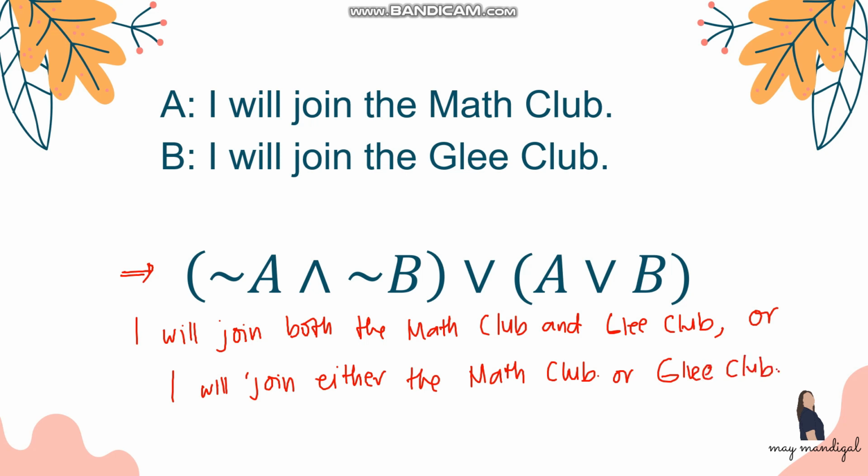So that is now the sentence form. I will join both the math club and Glee club, or I will join either the math club or the Glee club.